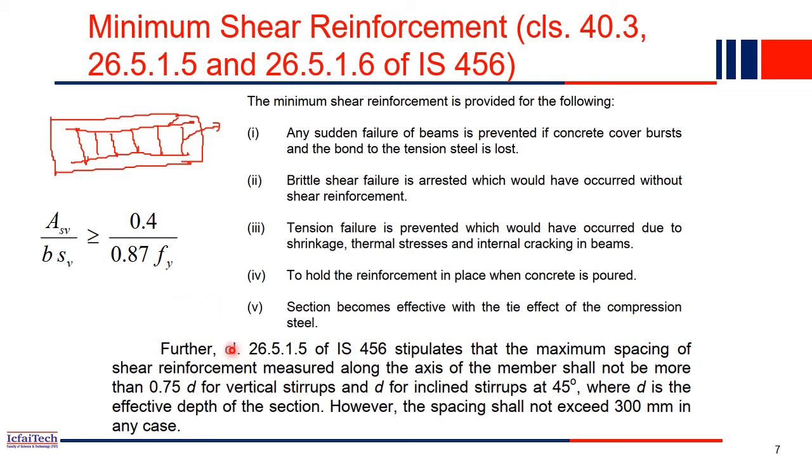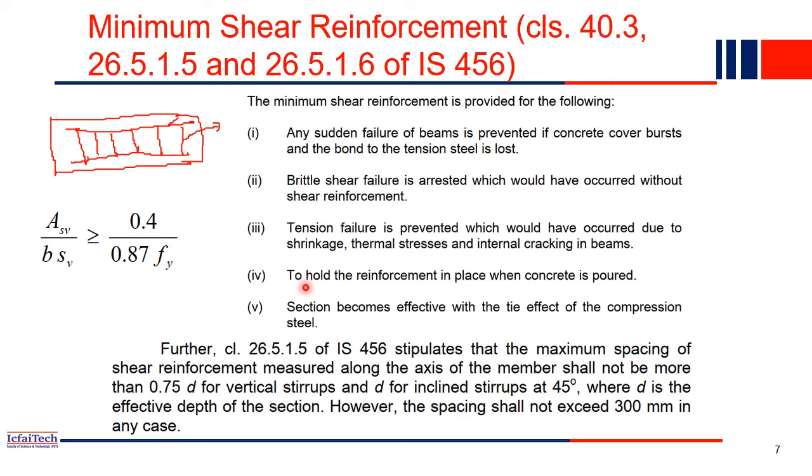Further, this clause stipulates the maximum spacing. Now you understood that minimum reinforcement you always have to provide in no case. But what will be the spacing? Which spacing should we provide? Our code says the spacing shall not be more than 0.75d, or 300 mm, whichever is less, that we have to consider.